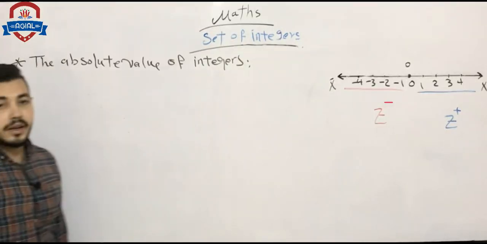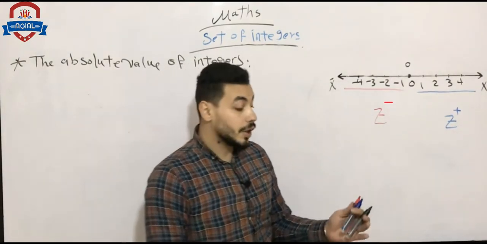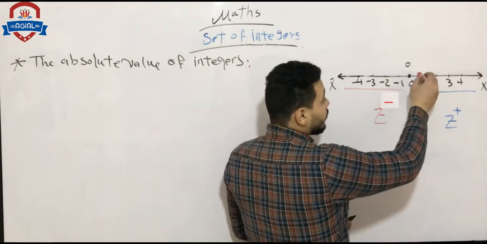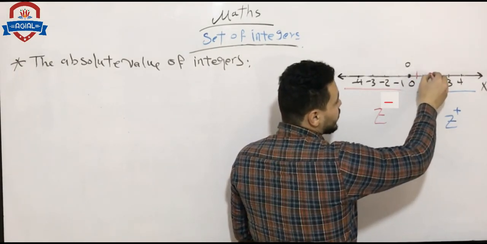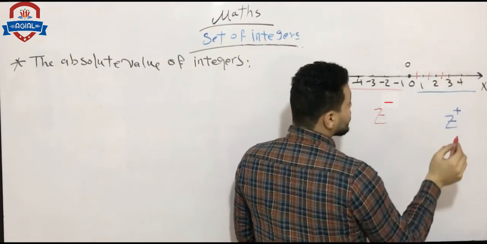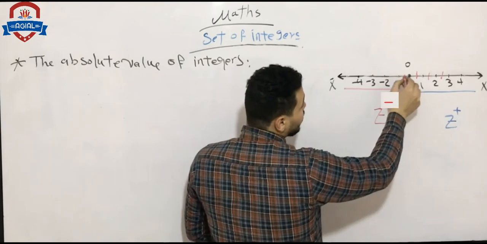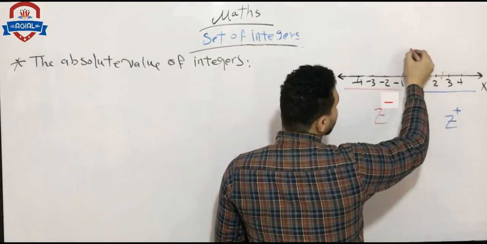On the number line, each distance between any two consecutive numbers is equal. The distance between 0 and 1 equals the distance between 1 and 2, equals the distance between 2 and 3, equals the distance between 0 and negative 1. And these distances are called units.